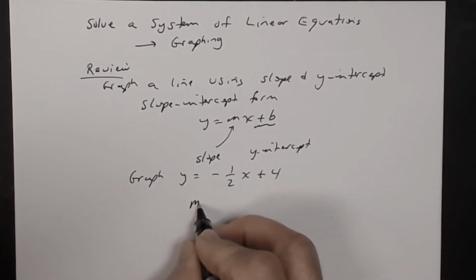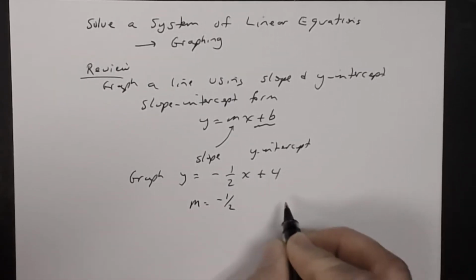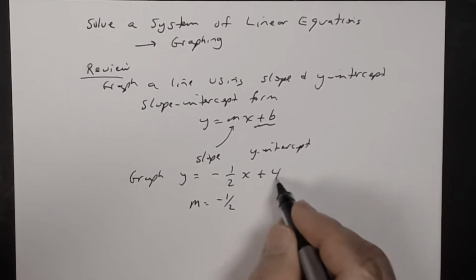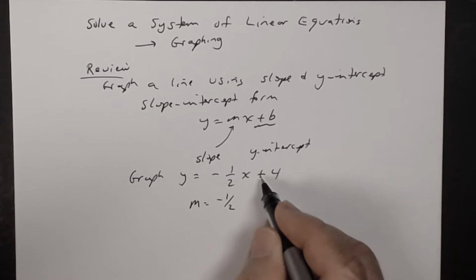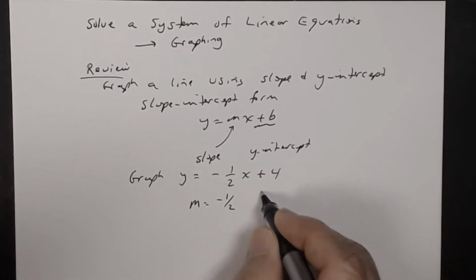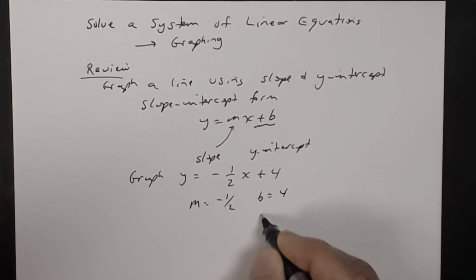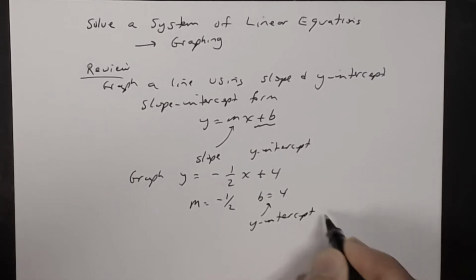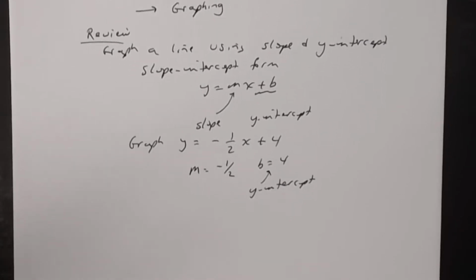So my slope here is negative 1/2. And my constant b, that's your y-intercept. So that's a positive 4. Okay, if this were negative 4, then b would be a negative 4. So keep that in mind. You got to keep that sign with it. And so b here is a positive 4. So remember, that's your y-intercept. That's where the graph will cross the y-axis.